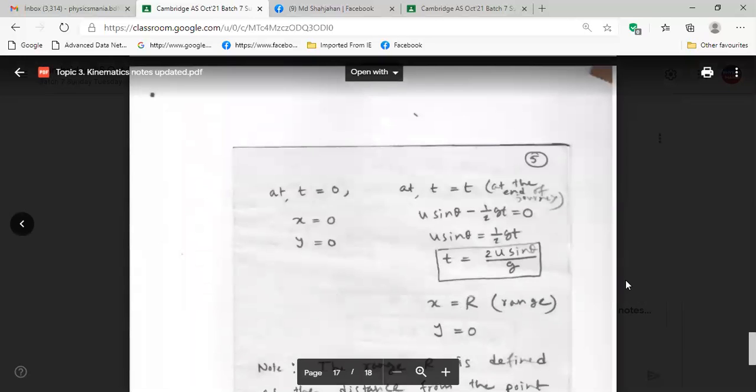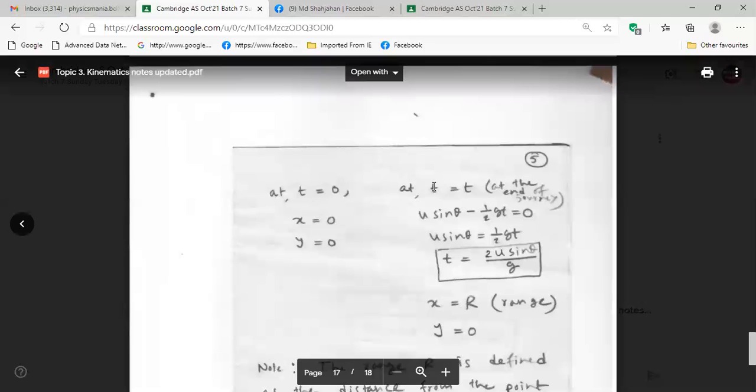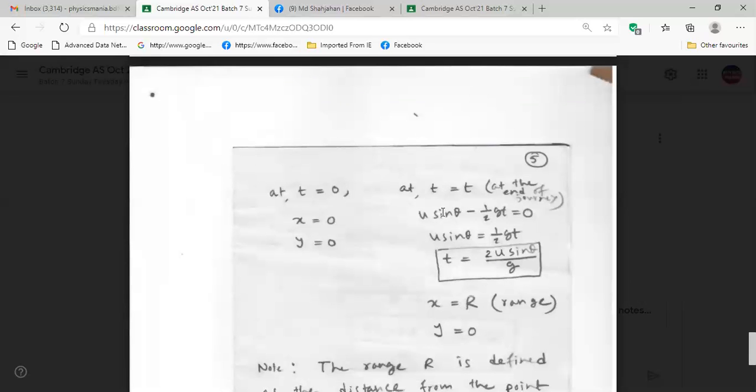That's why we got t equals 0, and when t equals 0, then x equals 0, y equals 0. When time is t, that time we have u sine theta minus half gt equals 0, then u sine theta equals half gt, then t equals 2u sine theta by g, and our horizontal displacement is R, the range, and vertical displacement is again 0.